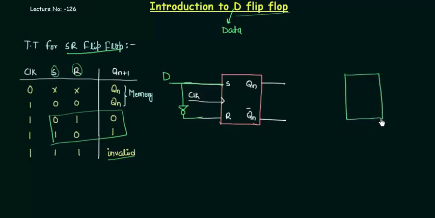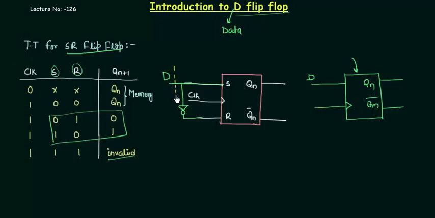In my D flip-flop, there is a single input that I will call D, and I have my clock, of course, and the two outputs Q and Q complement. And this thing is what? Let me change the color for this.